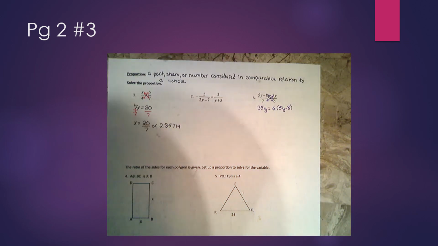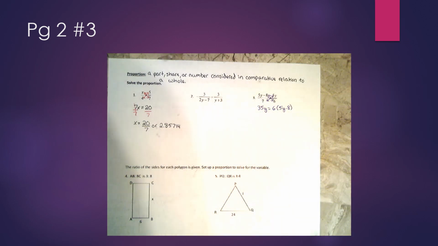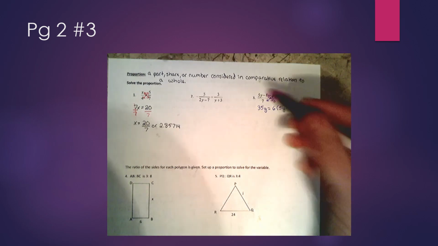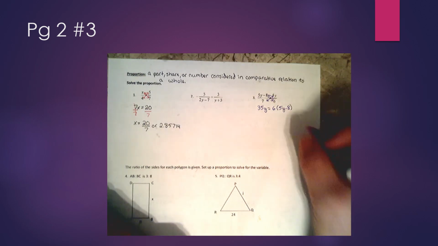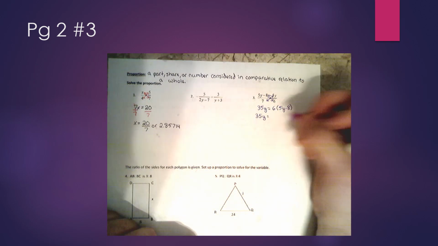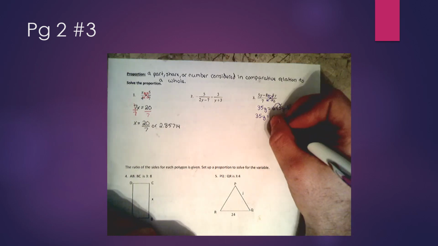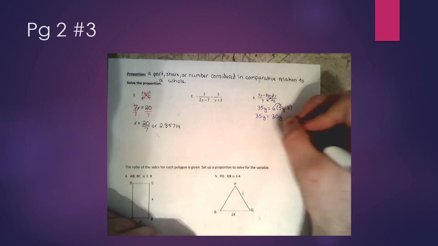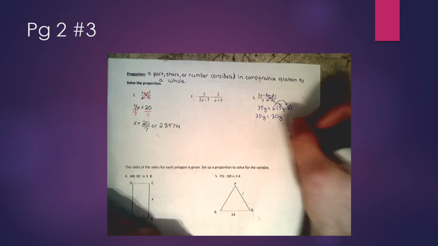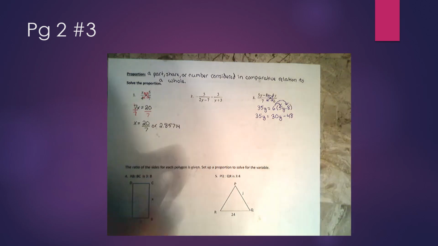The reason I wrote it like this is because I want to make sure that you know that you do have to distribute it into the full equation. So we're going to have 35y on this side, and then 6 times 5y is 30y, and then 6 times a negative 8 would be minus 48.